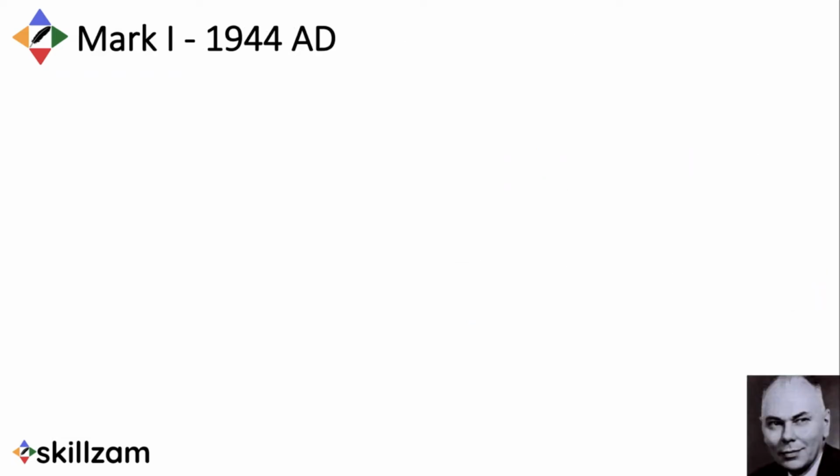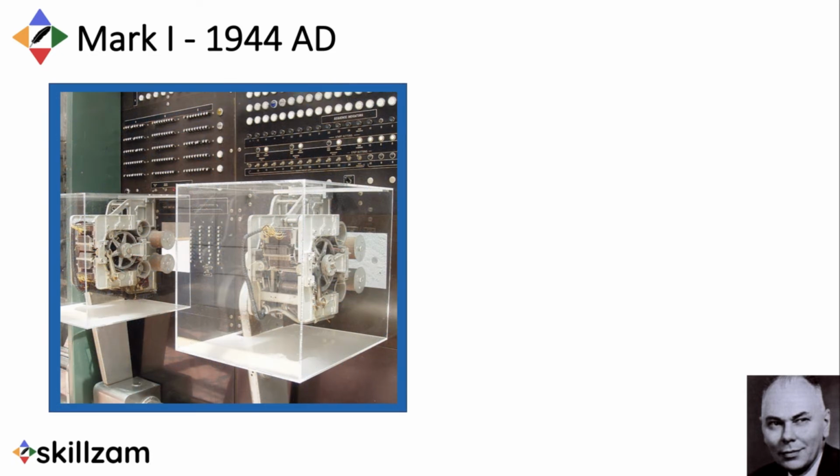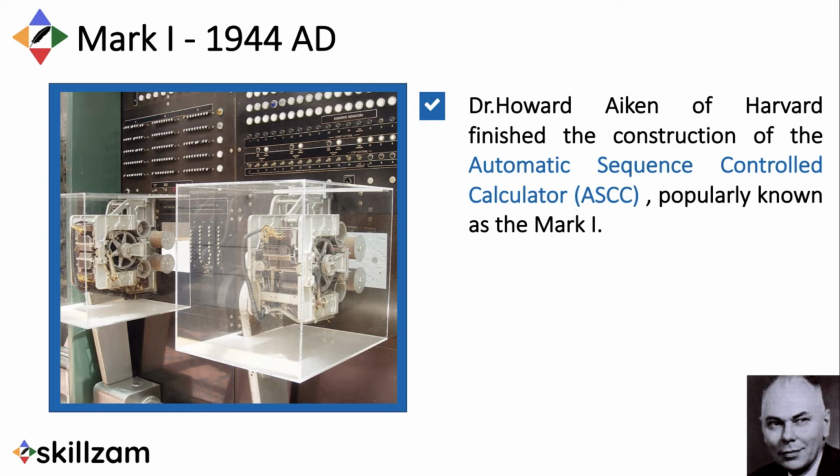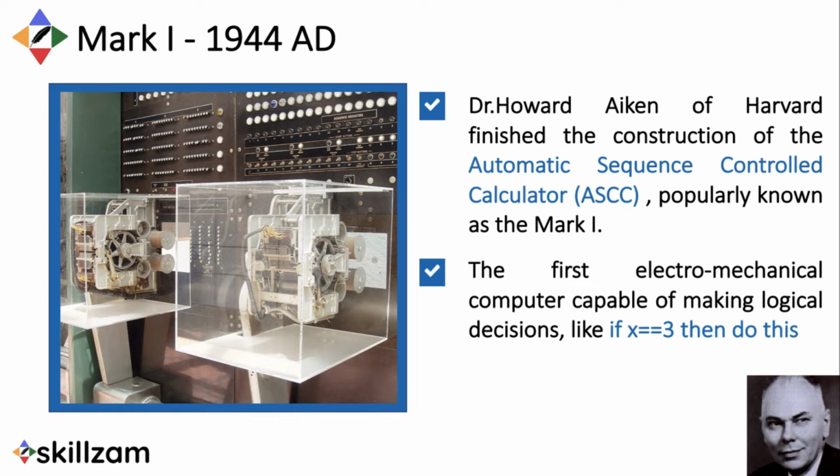Mark I, 1944 AD. In 1944, Dr. Howard Aiken of Harvard University finished the construction of the Automatic Sequence Controlled Calculator, also popularly known as Mark I. It contained over 3,000 mechanical relays and was the first electromechanical computer capable of making logical decisions like: suppose x equals 3, then do this; if x equals 5, do the other thing.